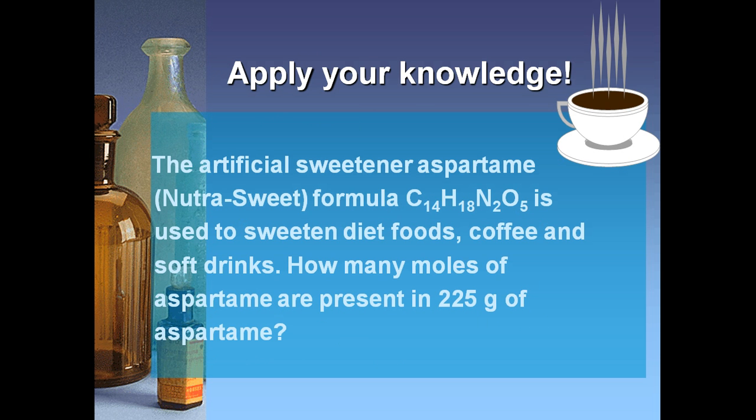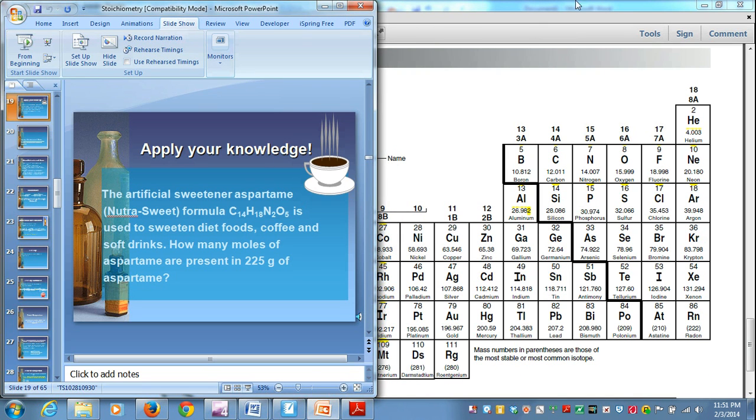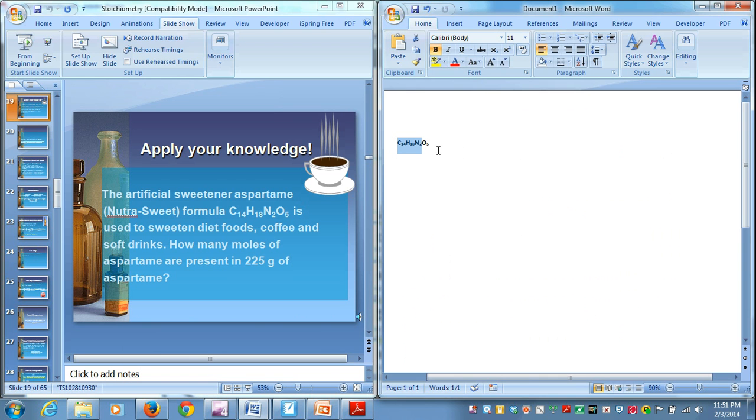For this one, I'm going to split the screen so that you can see the work. You see this, right? It's asking about the artificial sweetener aspartame, or NutraSweet, which is used by people who are diabetic, not if you want to go on a diet.